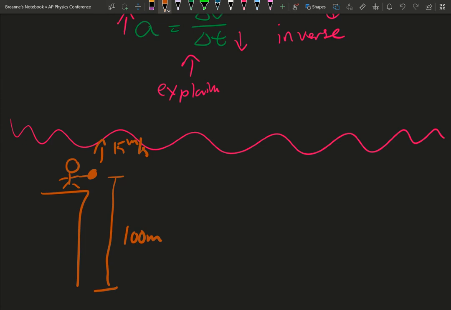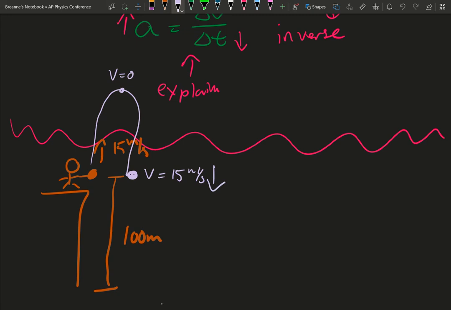So we've got to think about what we know. What are some known things? So we know that from here to here is 10 seconds. Another thing we know is as it goes up and it comes back down, right here its velocity is 0 up here, but we also know right here its velocity is 15 meters per second down.